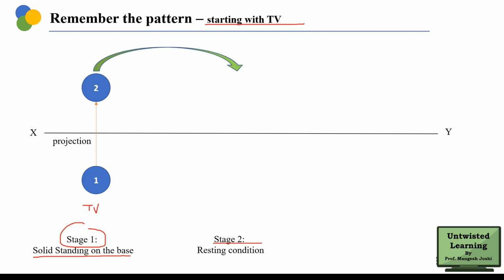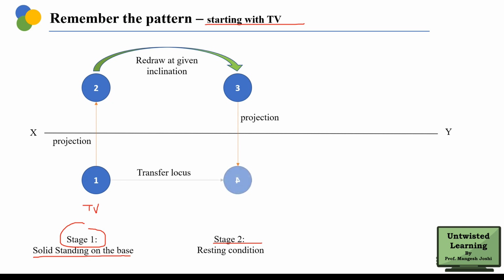So you have to redraw this second diagram at the given inclination of axis or edges to get the third diagram. Now to obtain the fourth diagram, you simply have to project all the points of the third diagram and transfer all the locuses of the first diagram to obtain the fourth diagram.